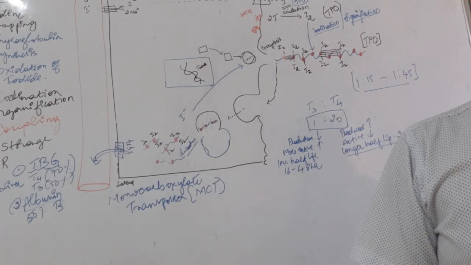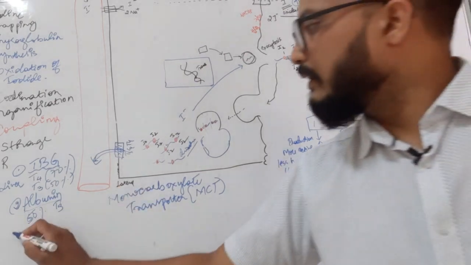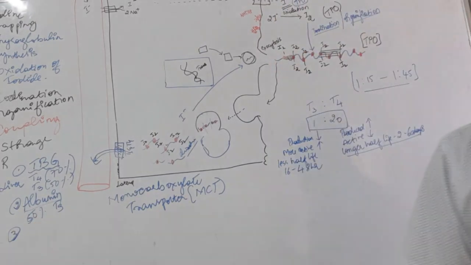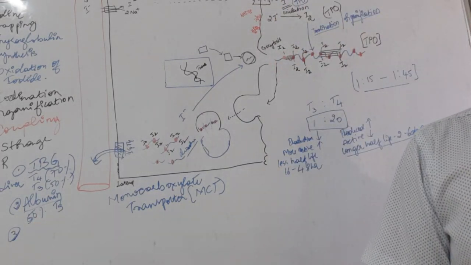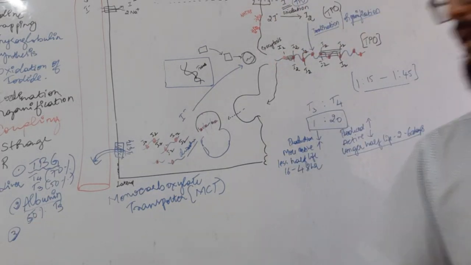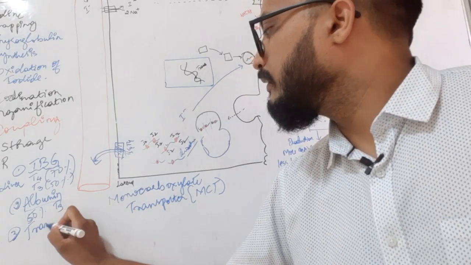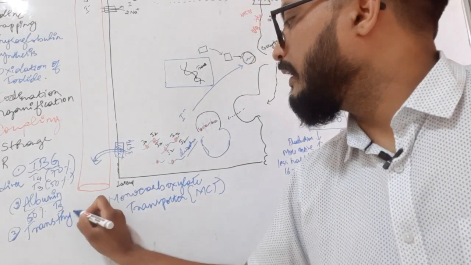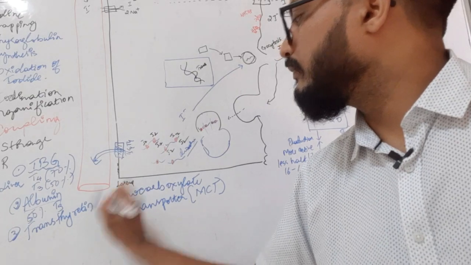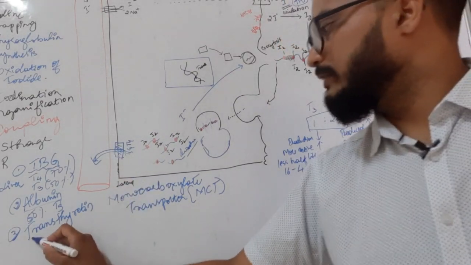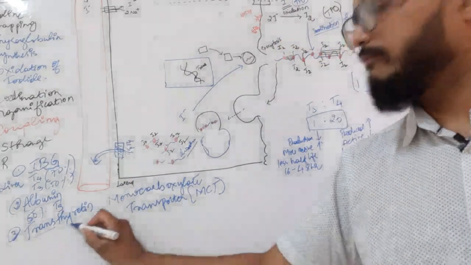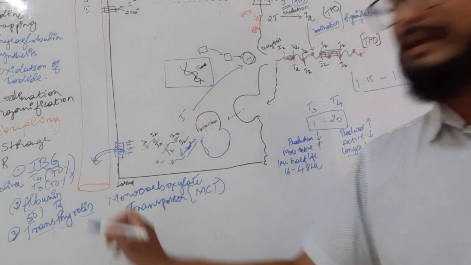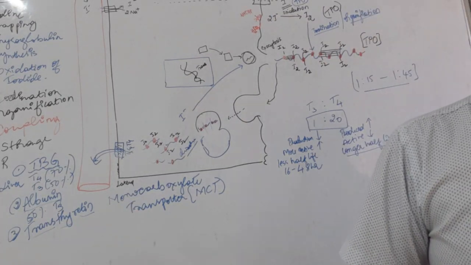The third important binding protein for the transportation in the blood for the thyroid hormone is transthyretin. So, trans refers to the transportation, thy refers to the thyroid, retin is the vitamin A derivative retinol.